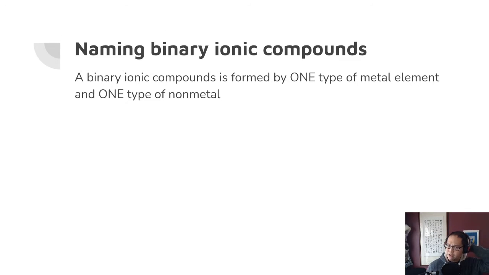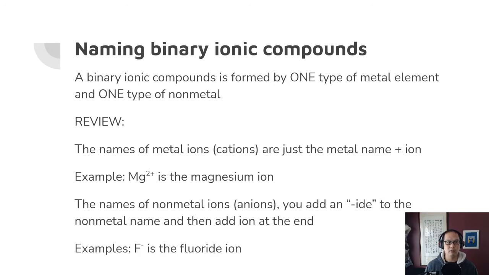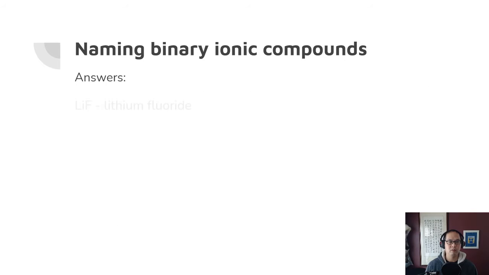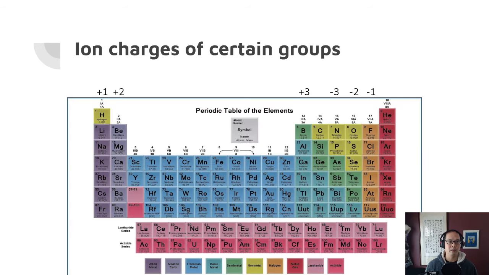Reminder, how do you know what's a nonmetal and what's a metal? The metals are to the left of the staircase on the periodic table, and the nonmetals are to the right. You can see this staircase here, where the green is.